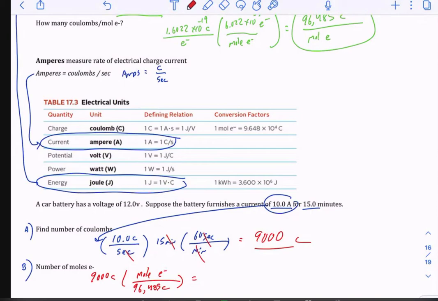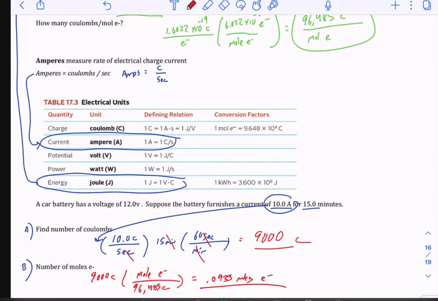So what's that going to be? 0.0933 moles. You guys good? We found moles by using the Faraday.